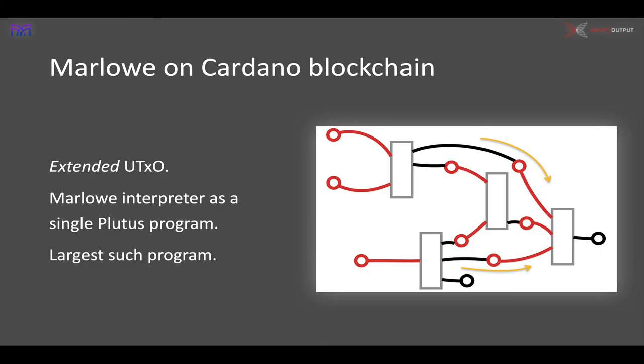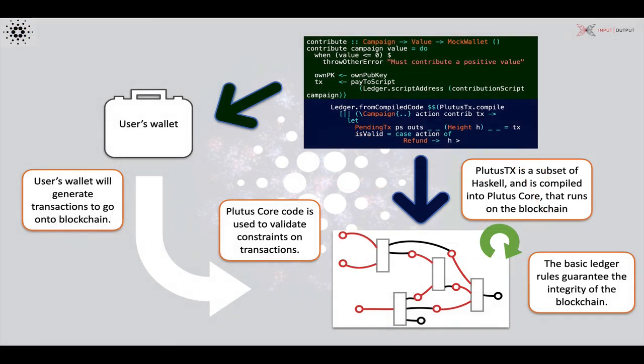We put transactions onto the blockchain and check that they conform to the contract. But the question is, where do those transactions come from? And the answer is, using the same contract, we're able to generate those transactions inside a user's wallet or the user interface.